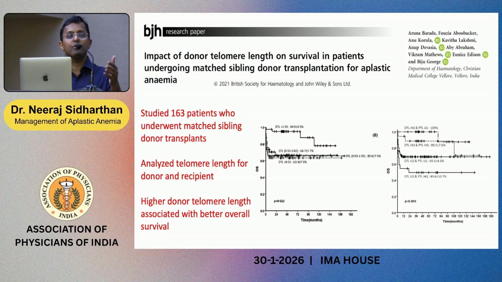Because if you have donors with low telomeres and the patient with aplastic anemia is going for a bone marrow transplantation, the recipients don't really do well. So telomere biology is very interesting. It's still in the nascent stage, and a lot of things are being studied on this.